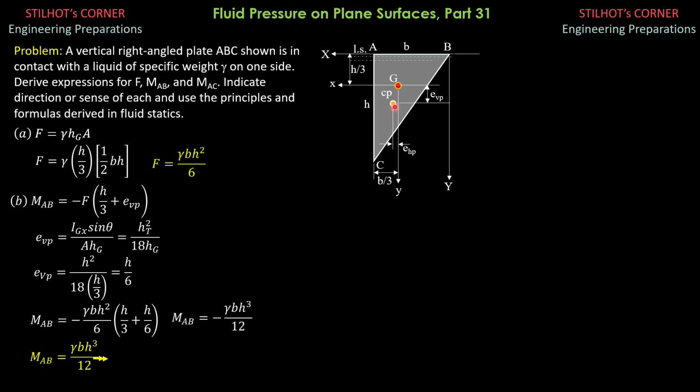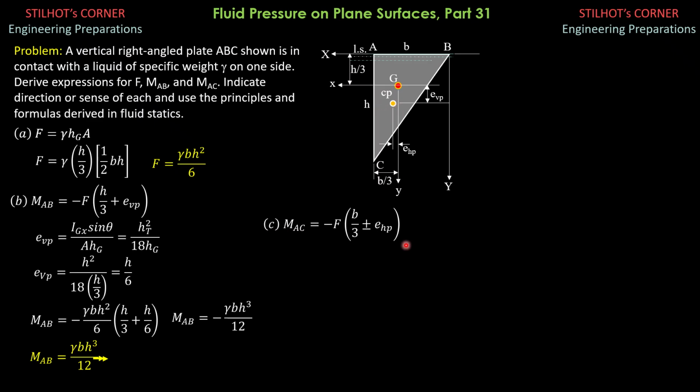So if CP indeed lies here, then AHP is positive. So the formula for moment about AC is equal to the negative F times B over 3 plus or minus AHP. So if AHP is positive, then we have to use minus because from the figure, that's the moment arm.